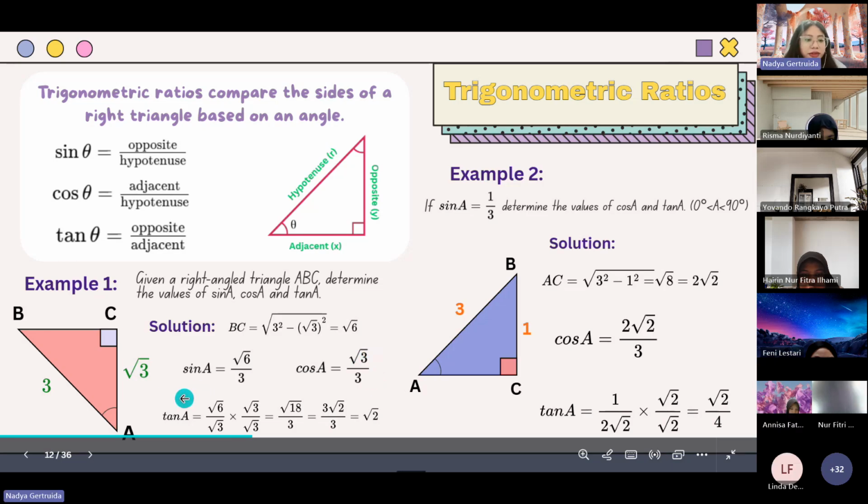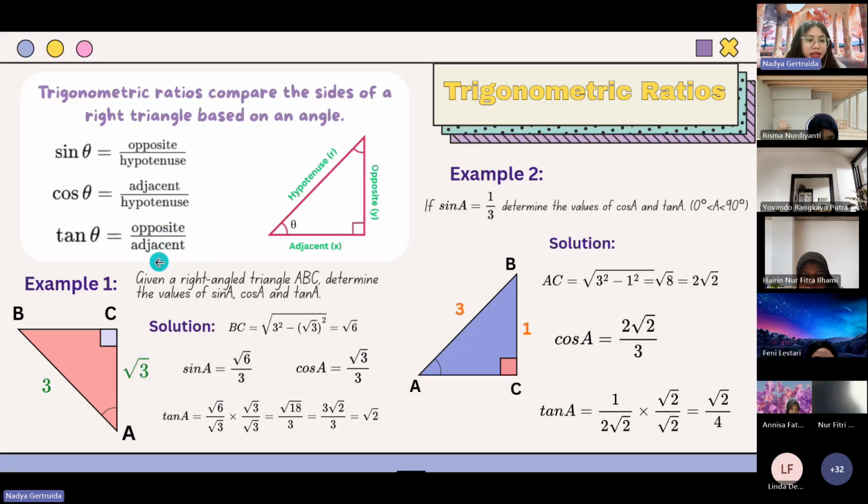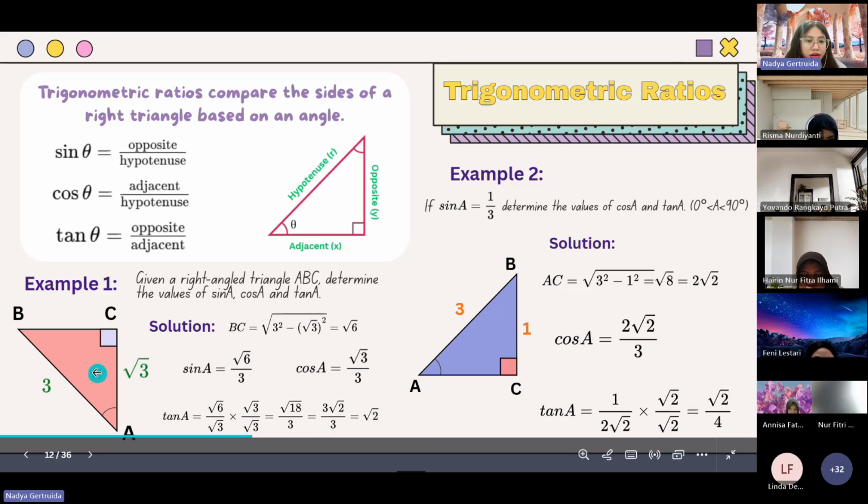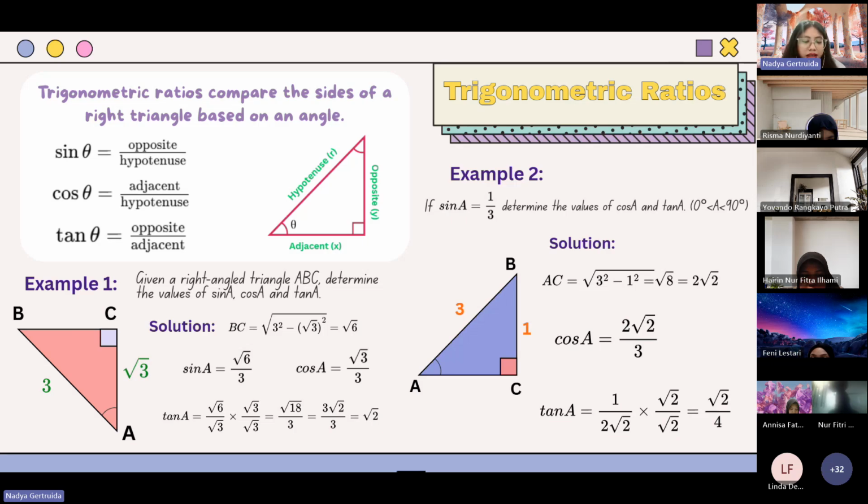And the last one, we can find tangent A. Tangent A is opposite divided by adjacent. The opposite is BC and the adjacent is AC. So substituting the values, it is the square root of 6 over the square root of 3.